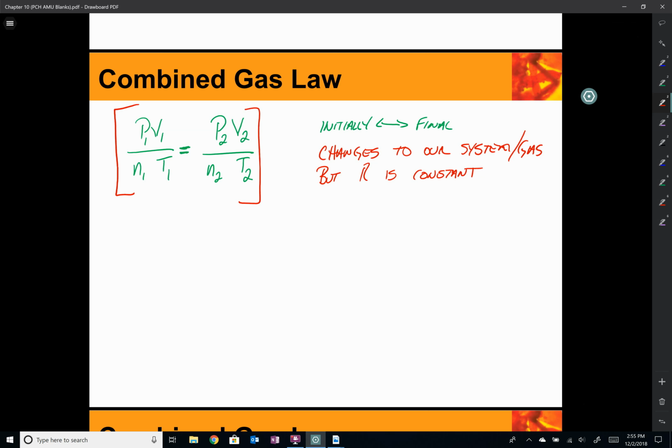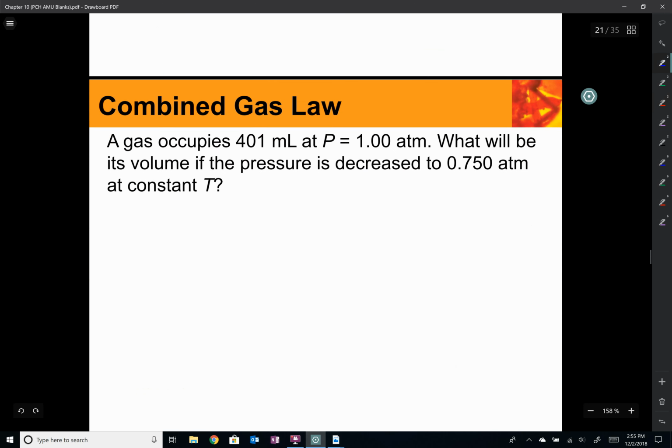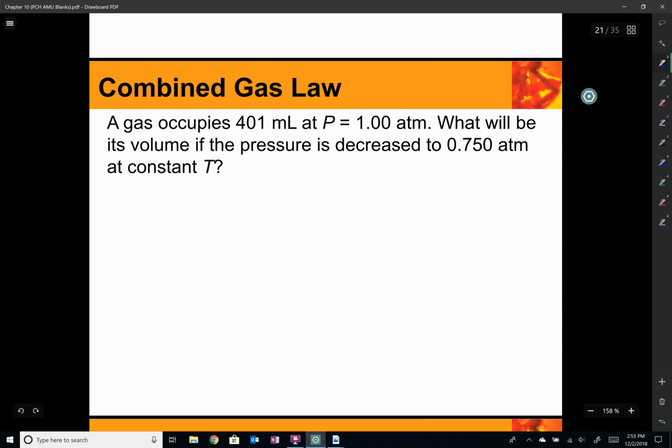So how do we use this? Let's take a look at an example. A gas occupies 401 milliliters at a pressure. What will be the new volume if the pressure is decreased and held at constant temperature? So let's take a look: P1V1 over N1T1 equals P2V2 over N2T2.